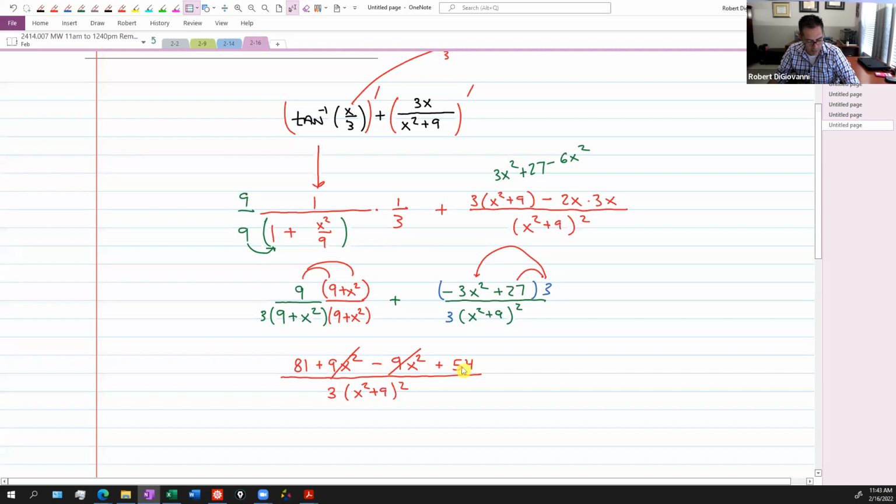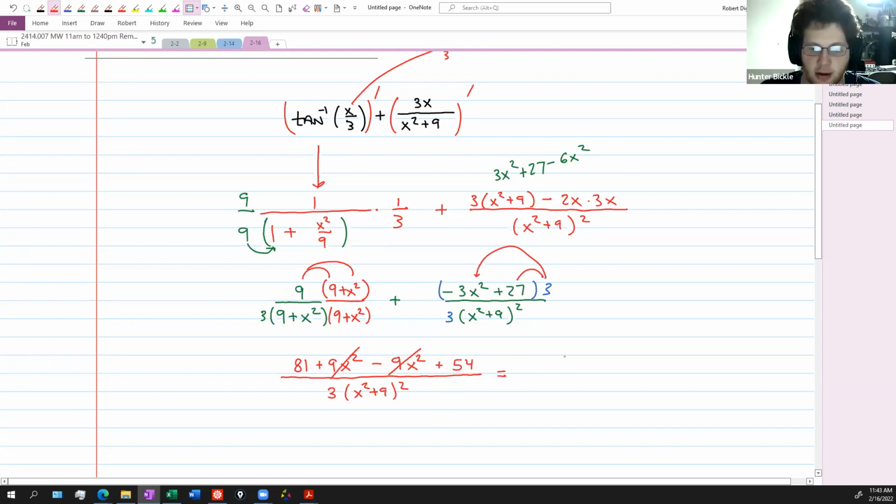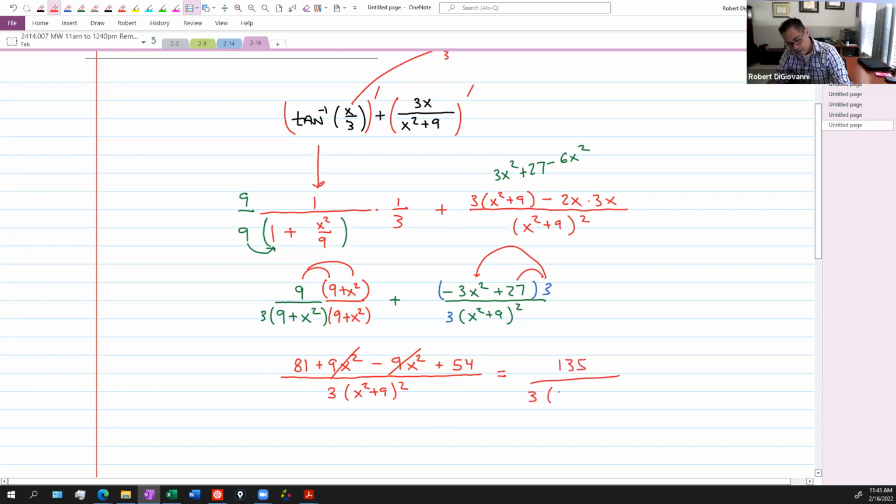What's 81 plus 54? 135? Is that right? Help me out here. 135? Yeah, that's right. 135 over 3 times x squared plus 9 squared. I'm guessing 3 goes into that. 3 goes in that once, 3 goes in, I'm going to guess, what is it?